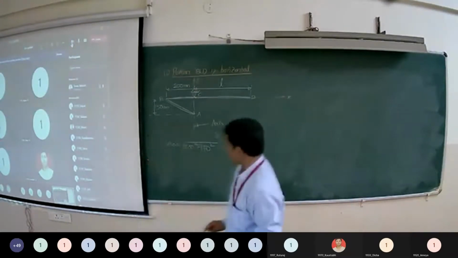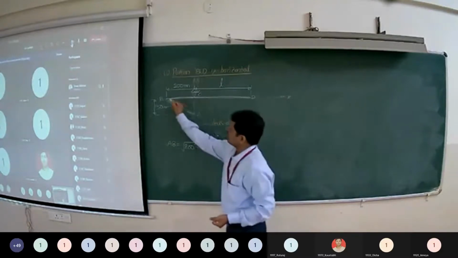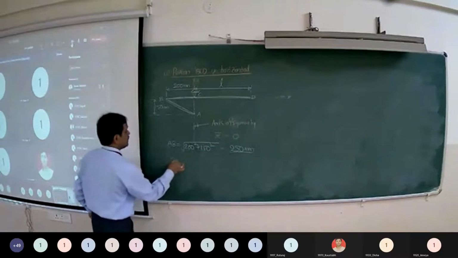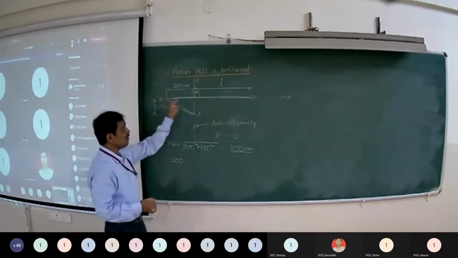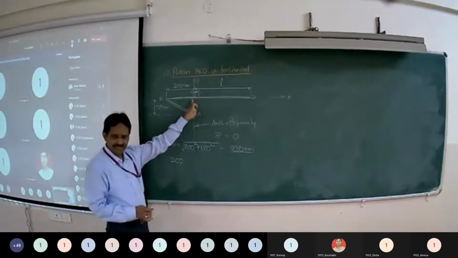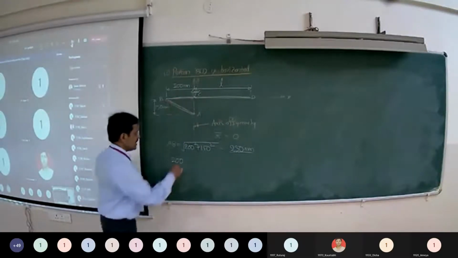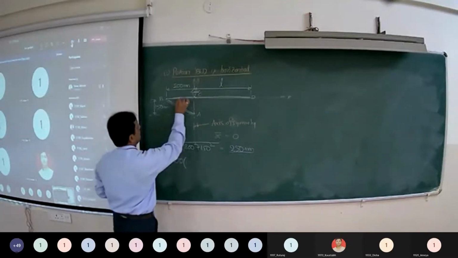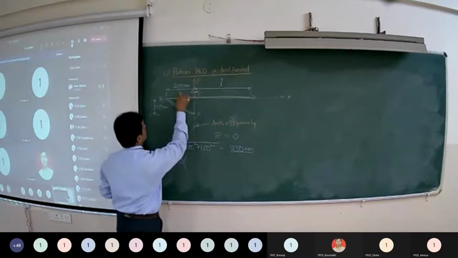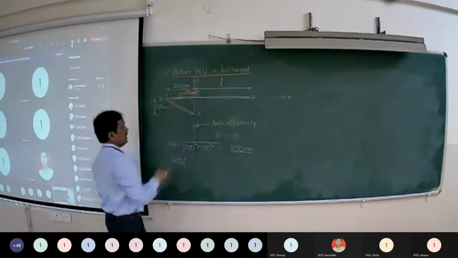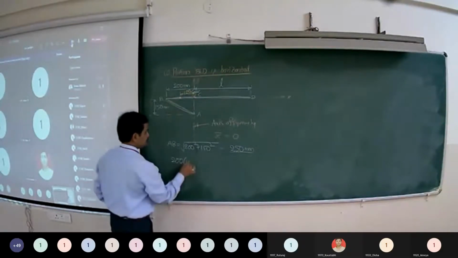So here on the left hand side, what is the length of BC? 200. I am taking the moment of line BC. Moment of a line is equal to length into distance of centroid of that line. So length is 200 into the distance of centroid of line BC from this vertical axis, which is 100.